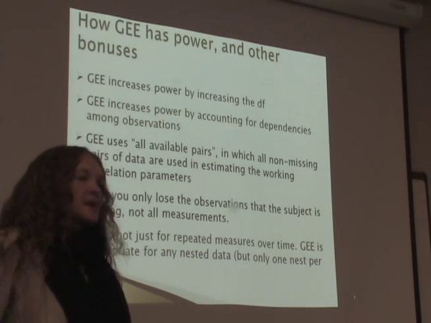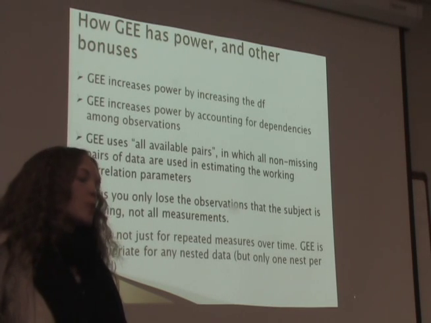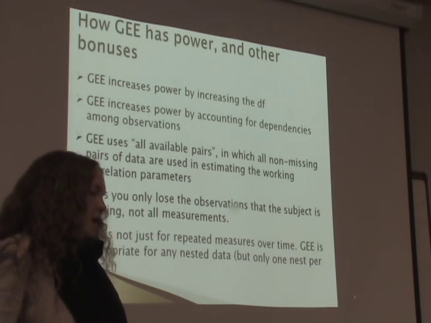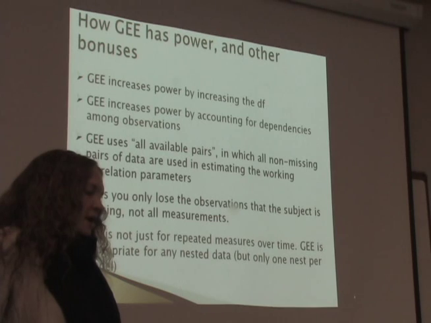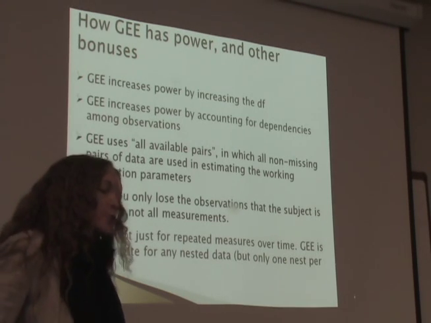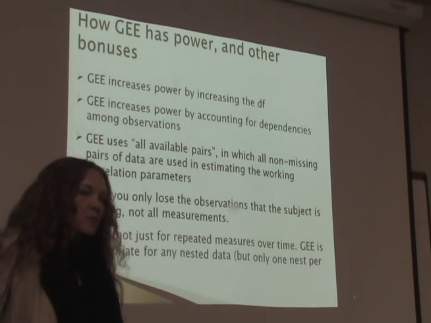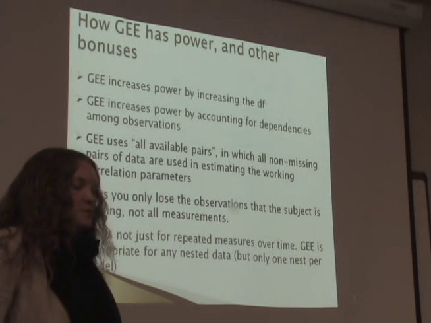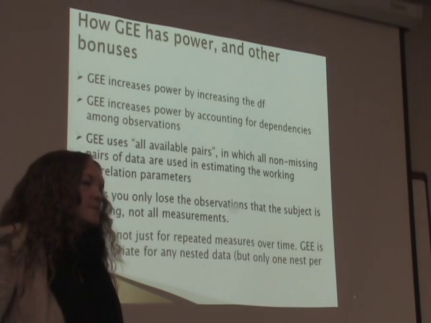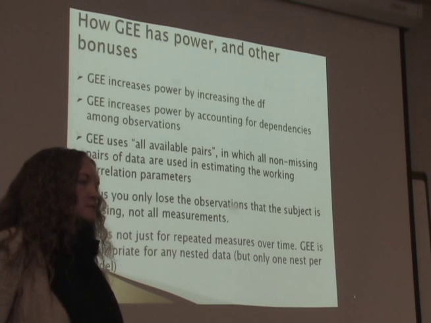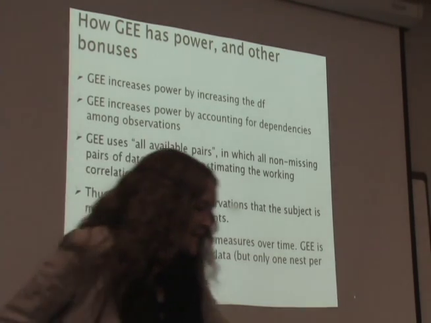It also maximizes the information using all available pairs of data. It is not just for repeated measures over time. That's the only way that I work with it, but it's appropriate for any nested data, so that's just something to keep in mind. Okay? That's it. It's a short one.